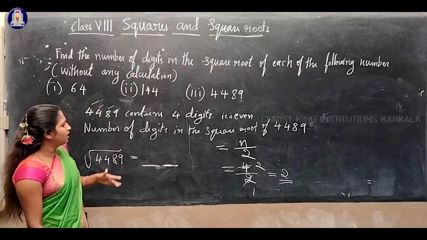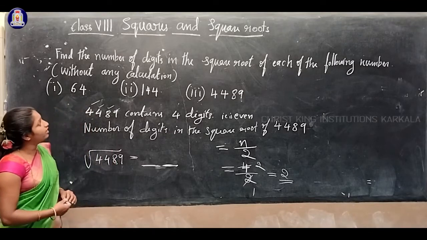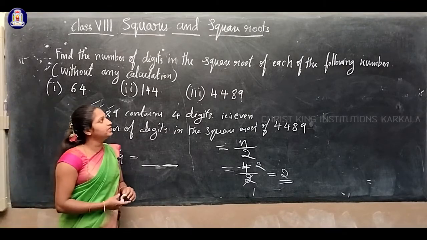So this is the method of how to find the number of digits in square roots.